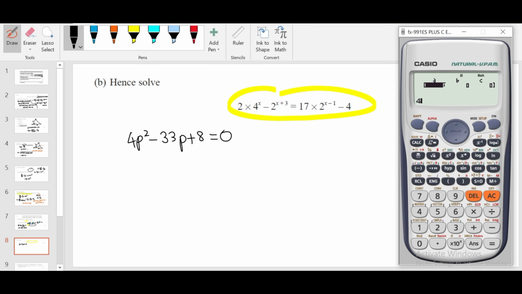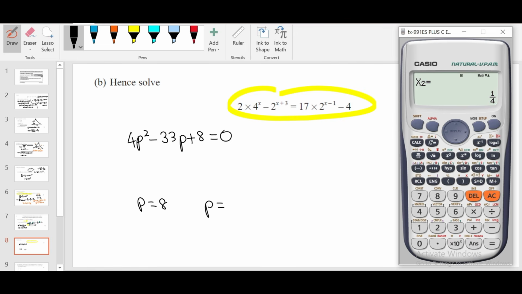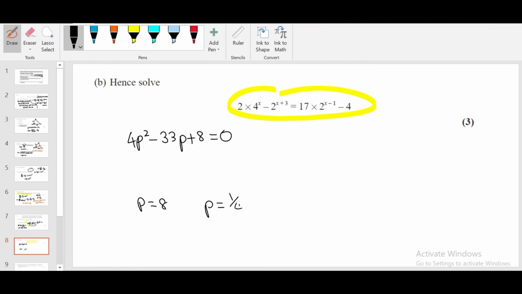A is 4, B is negative 33, C is 8. So we will get 8 and 1 over 4. So p is 8 and p is 1 over 4. But you can write it as a factor so you won't lose marks: 4p minus 1 is 0.